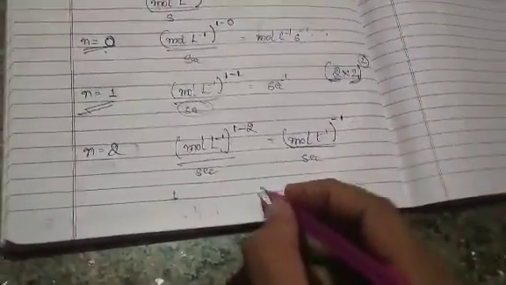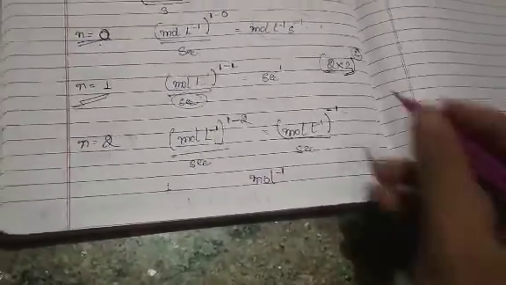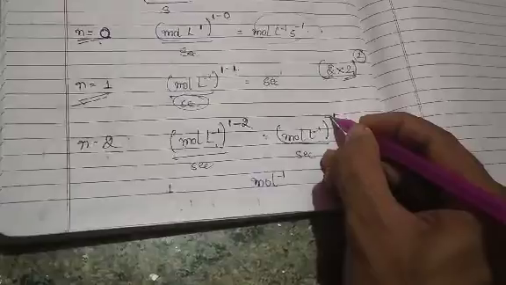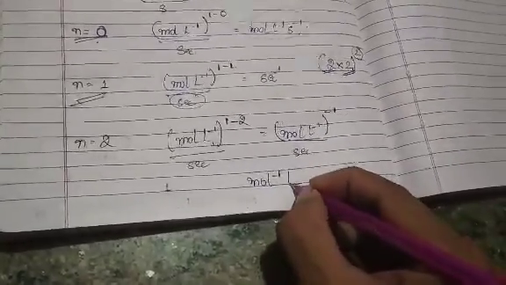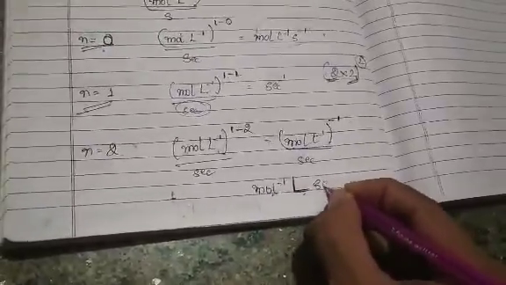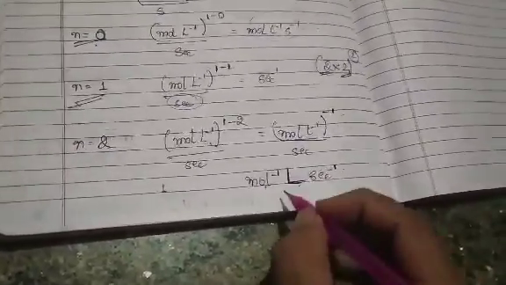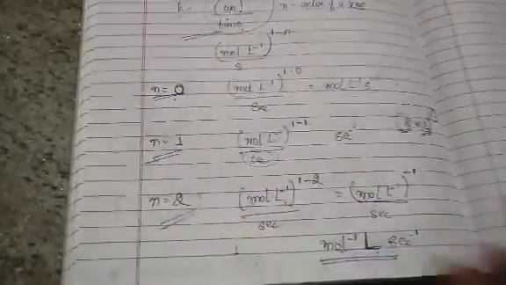So mole inverse, then minus into minus is plus, 1 into 1 is 1, so it becomes liter. Can you make the difference? Liter per mole per second. Able to understand, guys? So this will be the unit of your rate constant when the order of the reaction is 2.